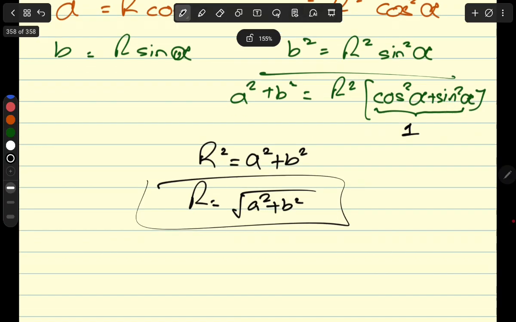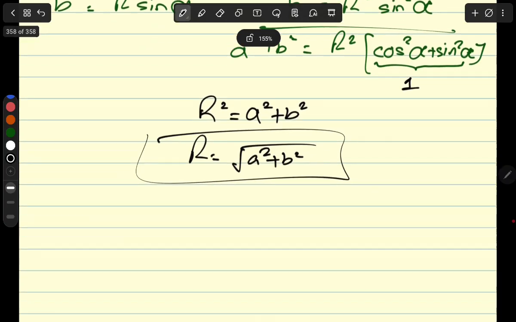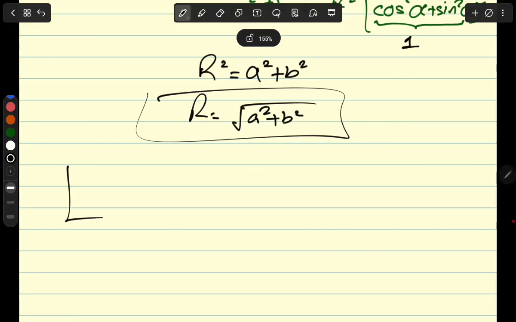Now we're not stopping at the algebra. Let's draw a right triangle. So this is a and this is b. The horizontal side is a, the vertical side is b, and the hypotenuse is capital R. Does this triangle remind you of anything? Of course, Pythagoras theorem, exactly. So r equals the square root of a square plus b square isn't really a trigonometry formula.